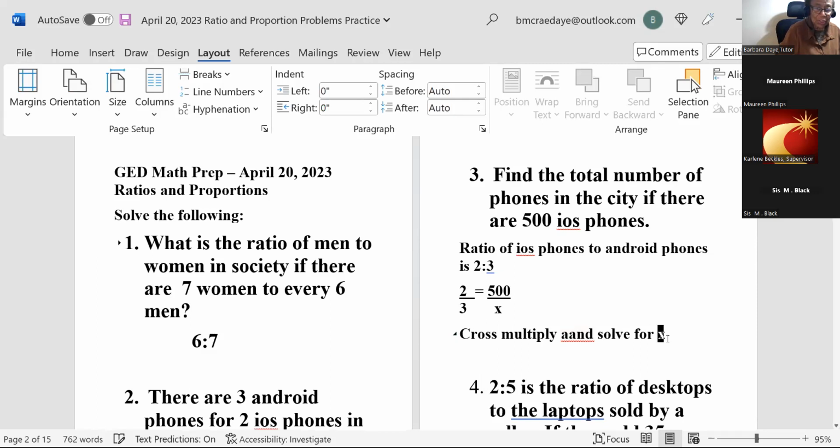Once you set your two ratios equal, remember I said that's a ratio and proportion. This whole thing here we call ratio and proportion, and all that is setting two ratios equal.